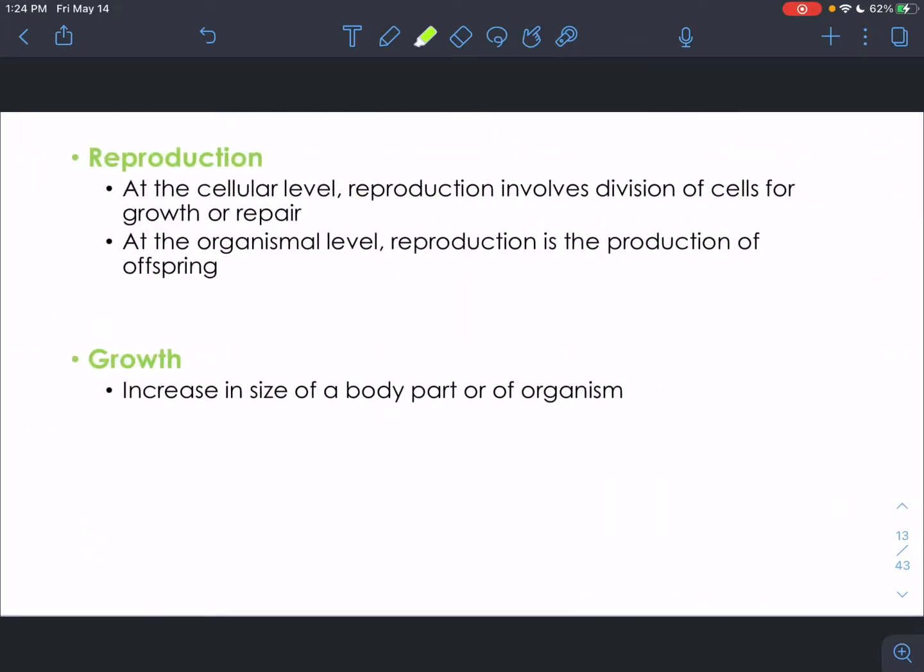And then the last two here, reproduction and growth. Reproduction, what you would normally think, is production of offspring, right? So being able to reproduce, make more humans, but also within our body, at the cellular level, reproduction involves the divisions of cells for growth or repair.